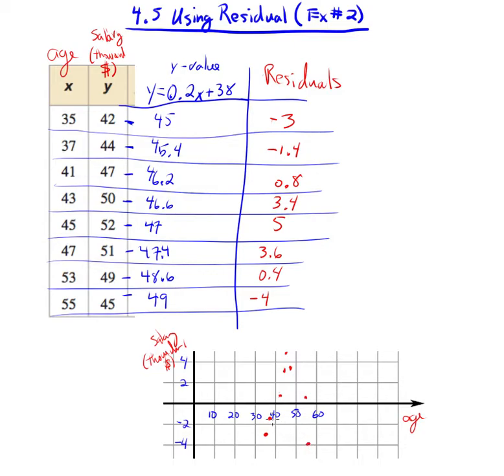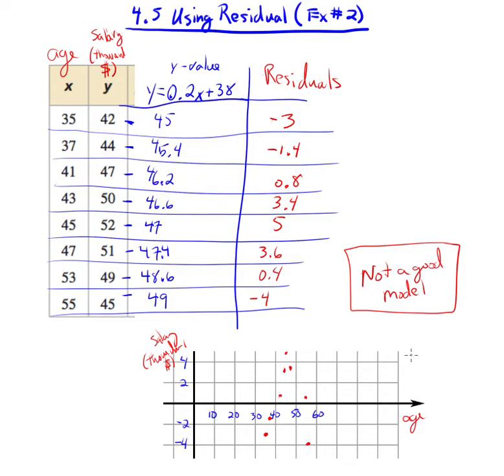All right, in looking at this, notice how it makes almost a U shape coming up and around. That suggests this is not a good model for this data set. Because it has a different shape, it tells us that this data set is not even linear.